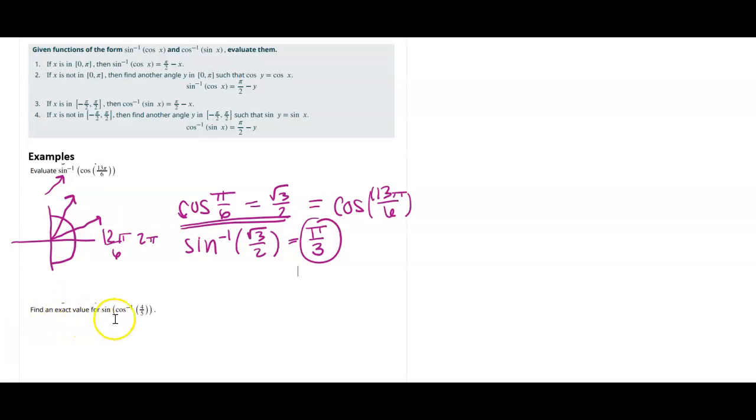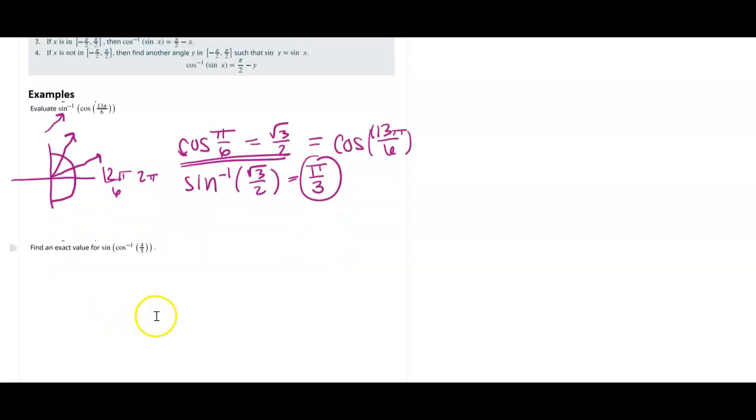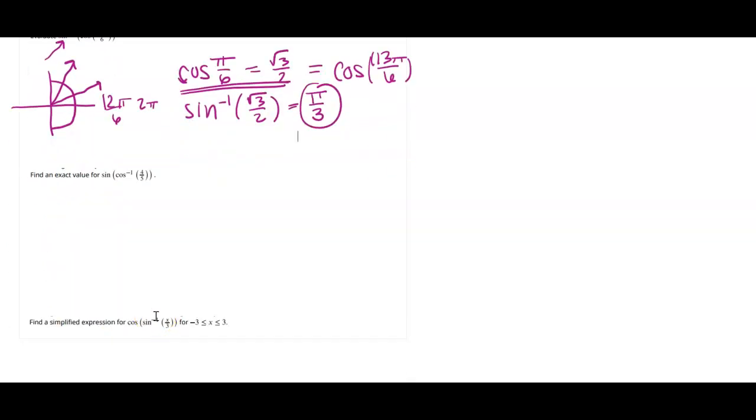All right, let's look down here. I want to find the exact value for the sine of inverse cosine of 4 over 5. Well, I'm going to rewrite inverse cosine: where is the cosine of theta equal to 4 over 5? Since it's positive, and I'm going to assume that I'm in my domain of inverse cosine, 4 over 5 must be in quadrant 1.